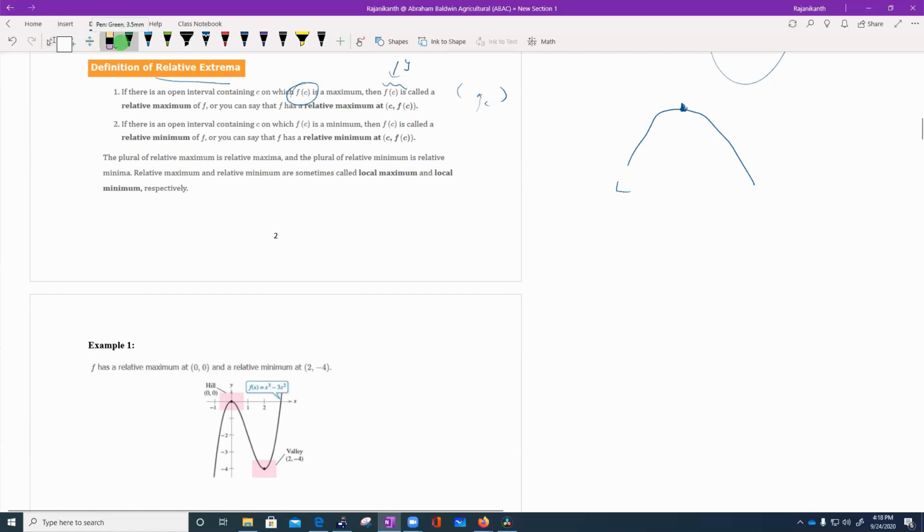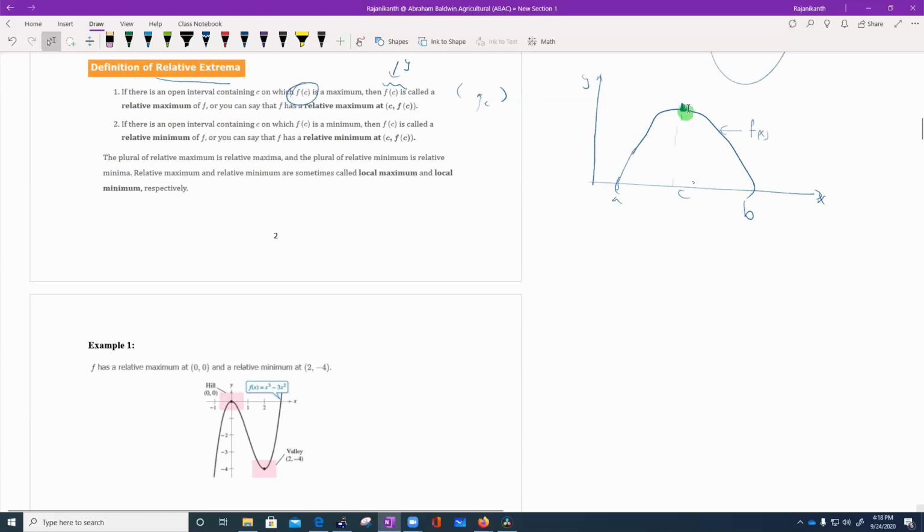I need to take the open interval now. For example, you are drawing a graph like this. Say this is my open interval a and b. You see now, I see the maximum point here. So this is like our c, this point, right? Remember, this is my y, this is my x. Let me call the function f(x).